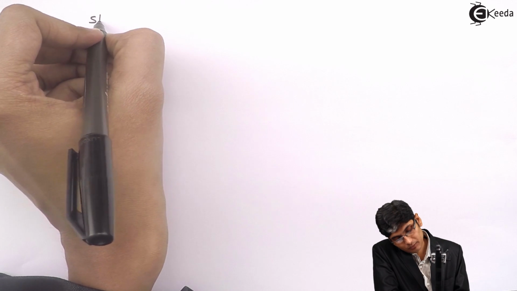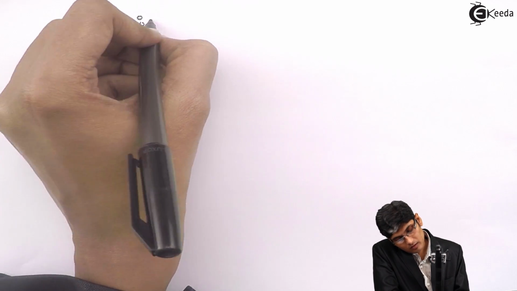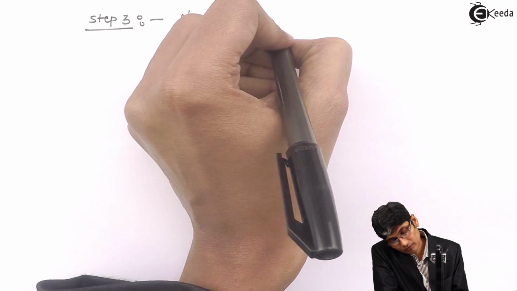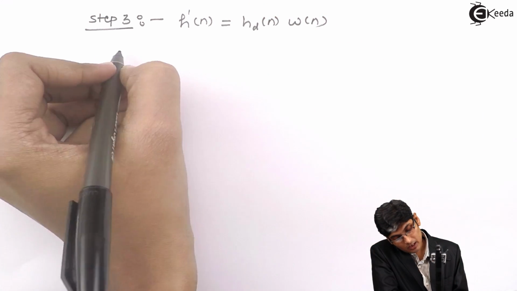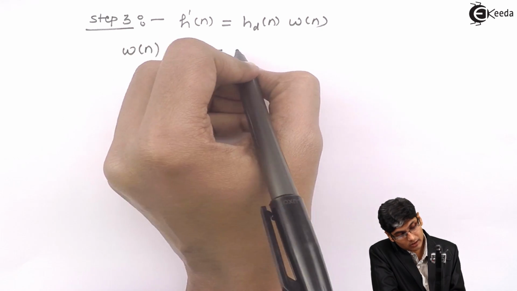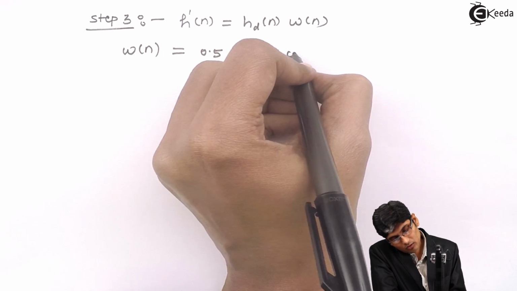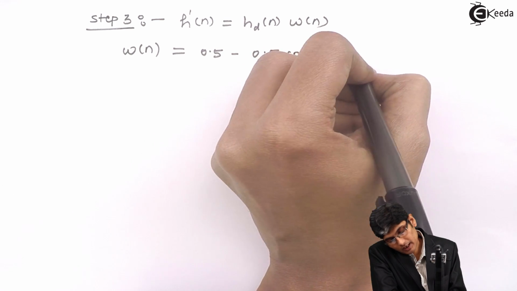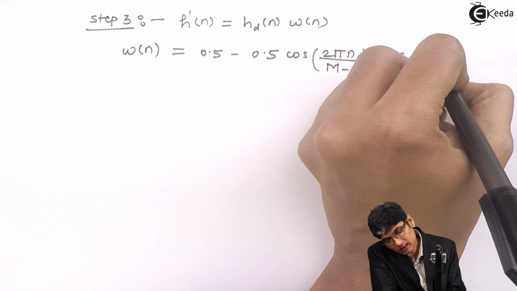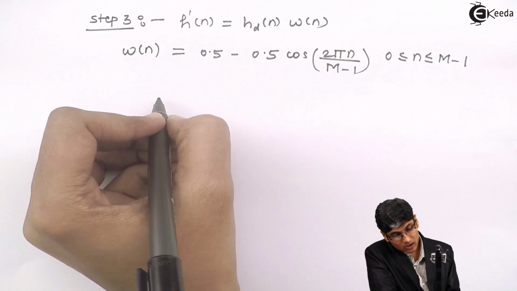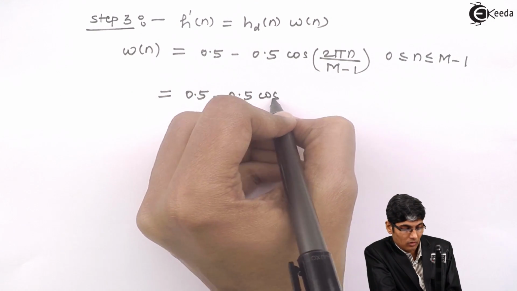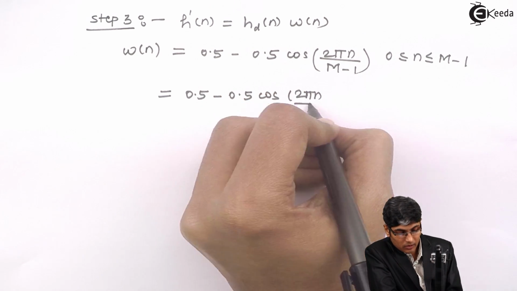So now our step 3 will be h dash of n equal to hd of n into w of n, and our w of n, which is Hanning, which is 0.5 minus 0.5 cos of 2 pi n by m minus 1 for 0 less than or equal to n less than or equal to m minus 1, which will be 0.5 minus 0.5 cosine 2 pi n by m minus 1.